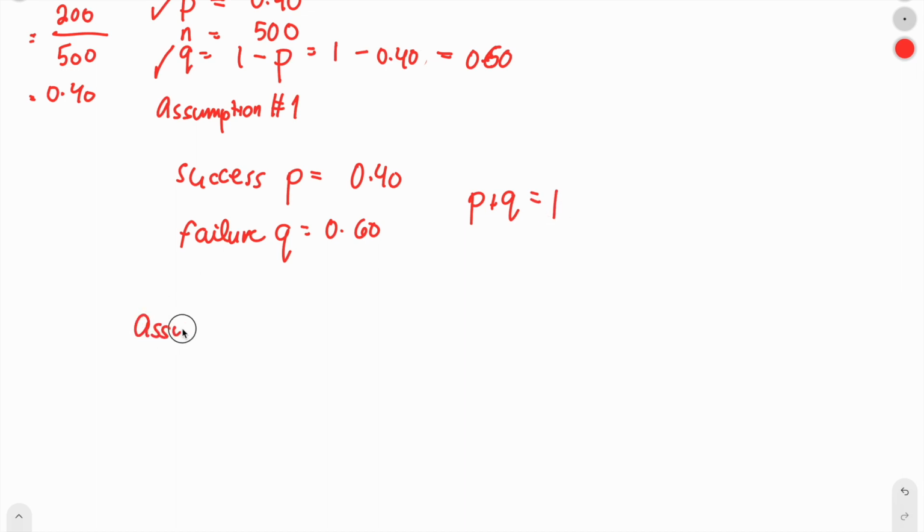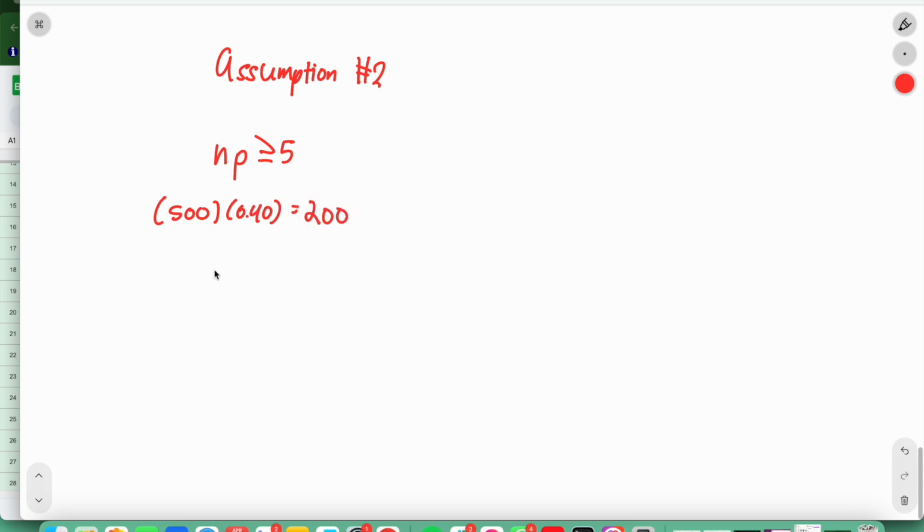For assumption number 2, we need to check if np is greater than or equal to 5, and we know that 500 times 0.40 is equal to 200. Therefore 200 is greater than or equal to 5. And n times q, is it greater than 5?